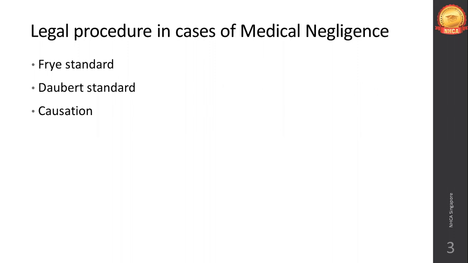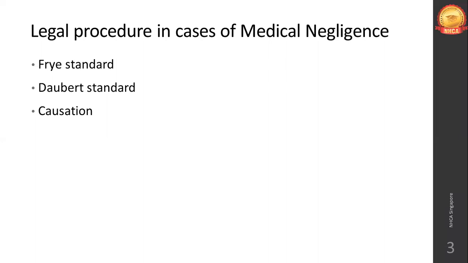Second is the Daubert standard. It is a mix of scientific basis of the case as well as expert opinion. The difference between Frye and Daubert is that in the Daubert standard, experts are also invited to review this case from their expert evidence.